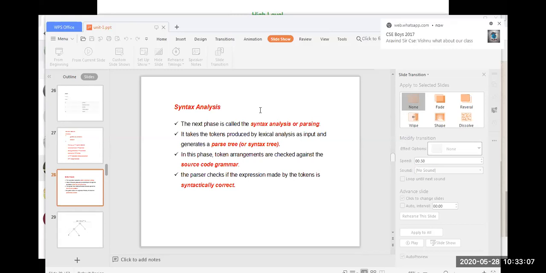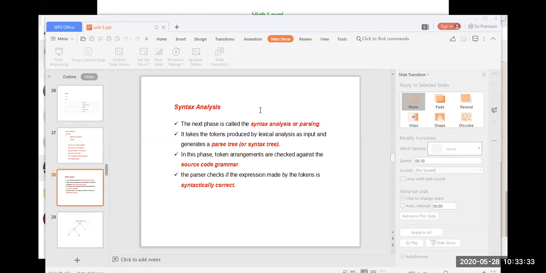Clear? Also, if there are any syntax errors in your program, the syntax analysis will identify all of them. The syntax errors in your program are identified by the syntax analysis. That's why those errors are called syntax errors: because they are identified in the syntax analysis only.